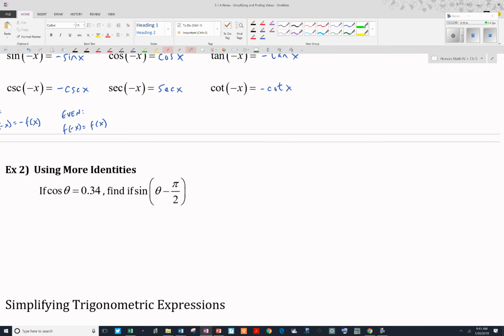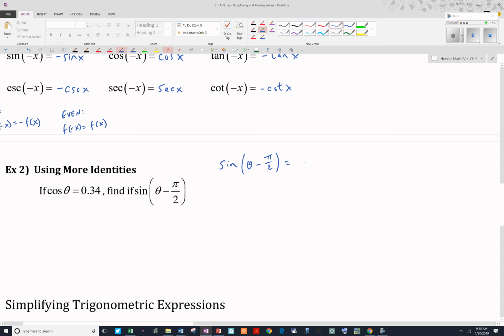What I want you to recognize is, and I think some of you would do this anyways, if we start with this theta minus pi over 2, we can get this to look like our cofunction identities if we do a little algebraic manipulation here.